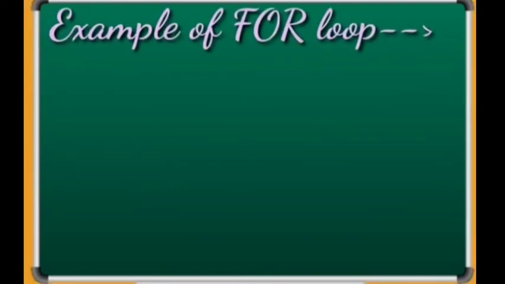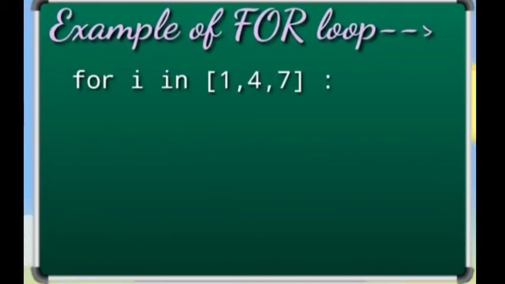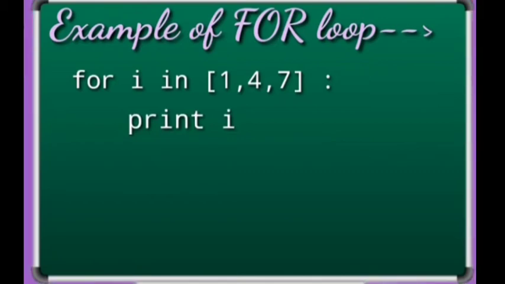So let's see an example of the for loop. I have written for, and I have used i as a variable name, and then in is a membership operator which we have learned. Then I have defined a list containing three numbers, 1, 4 and 7. Then I have written the print i statement in the body of the loop. So students, when you execute this program, it will give you the output 1, 4 and 7.